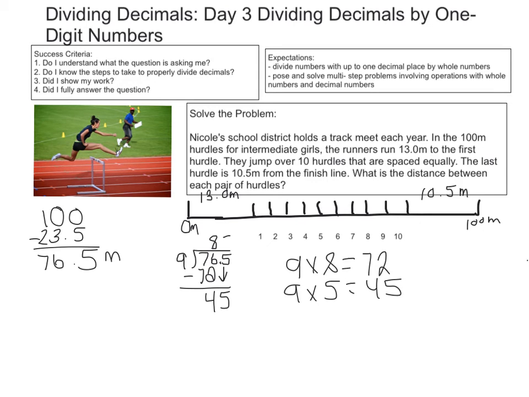So we can put our 5 up there and multiply out 5 times 9, which is 45. And then we subtract. 45 subtract 45 equals 0. So we have 0 remainder. But then we can't forget about our decimal, and we put it right above where the decimal is. So we know that our answer is 8.5 meters.